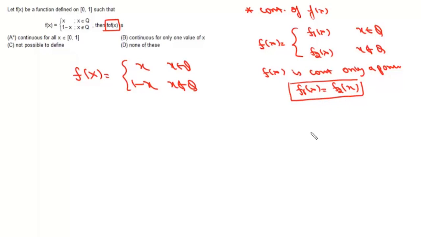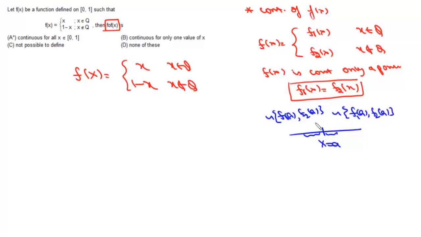Now what is the reason for that? Now suppose we have this function which is defined differently for rationals and irrationals. Now at any point a, in the neighborhood of a, there will be infinitely many rationals and irrationals. So if we take its left hand limit, it will be this oscillating value f1(a), f2(a), and on the right hand also it will be this oscillating value f1(a) and f2(a).